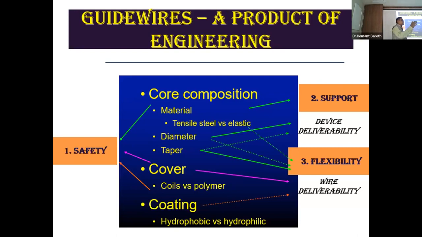So it will be difficult to pass in some side branches if you have a very stiff material or a very thick material. But the cover is important, or the tip is important. Because if the tip is made of a coil, then it is possible to maneuver the tip through various bends or various branches.